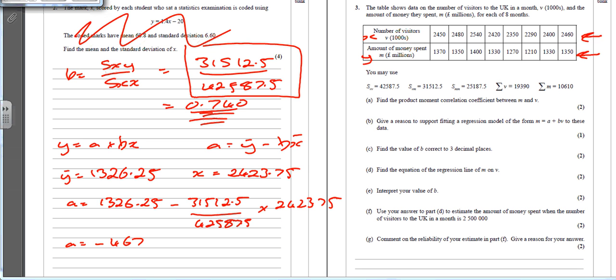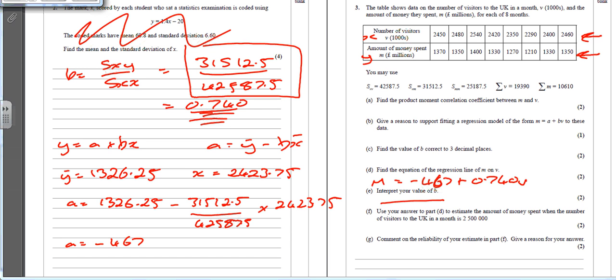So our final answer then: y equals minus 467 plus b, which is 0.740, times by x. But in this case, sorry, x was v, and we wanted that to be m. So m equals minus 467 plus 0.740 v.